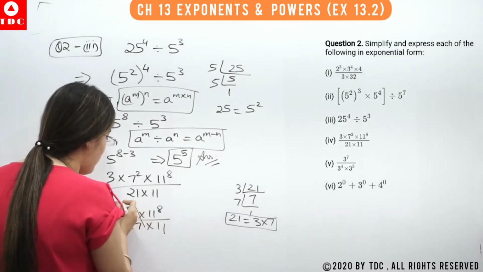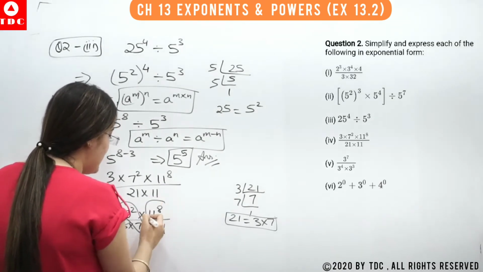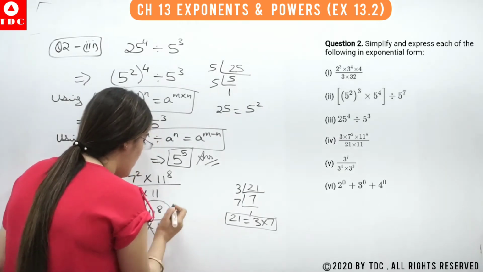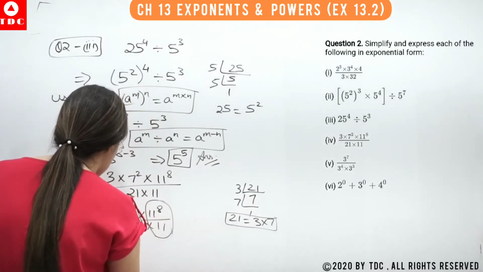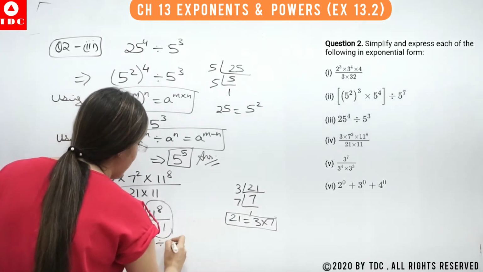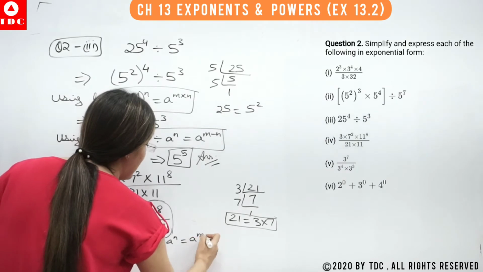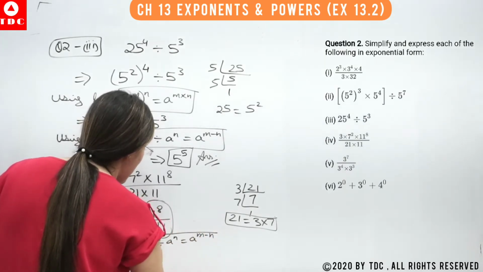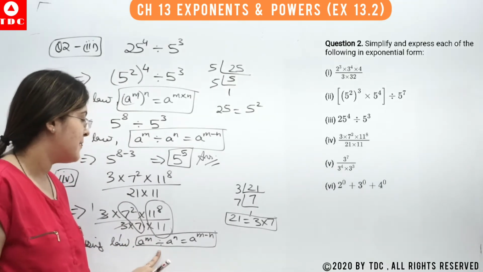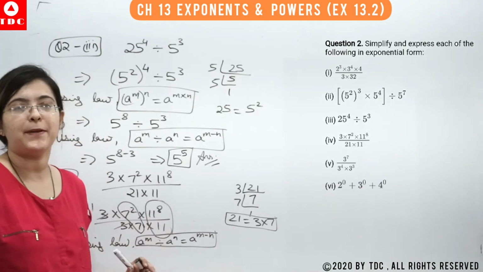Now we can apply a property here with the 7 terms and the 11 terms. What is the property we can use? Using the law, a to the power m divided by a to the power n gives us a to the power m minus n. Why? Because the bases are in division and the powers will be subtracted.